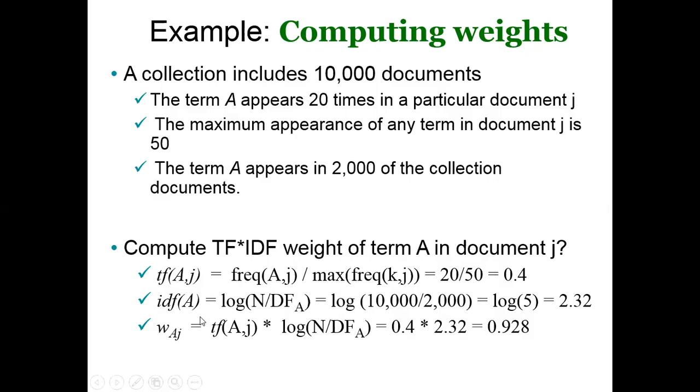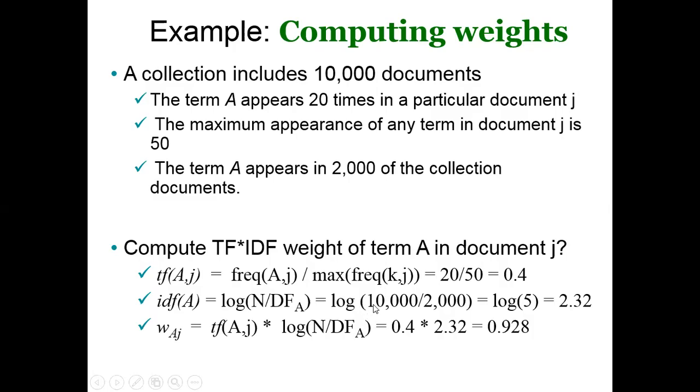Then the inverse document frequency, which is dependent on the inverse of document frequency. The inverse of document frequency is logarithm of the total number of documents over the document frequency of A. That means the total collection over the number of documents containing term A. Take the logarithm of that. 10,000 documents are available in our collection as per the given information, and the term A is appearing in 2,000 documents.